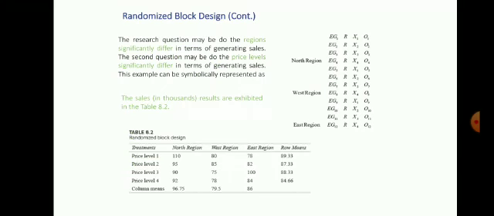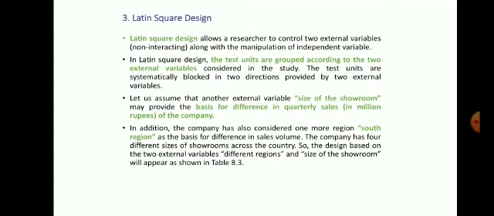And second, whether the price level also differs in terms of generating the sales. So each cell in the table represents the independent variable in the randomized block design.